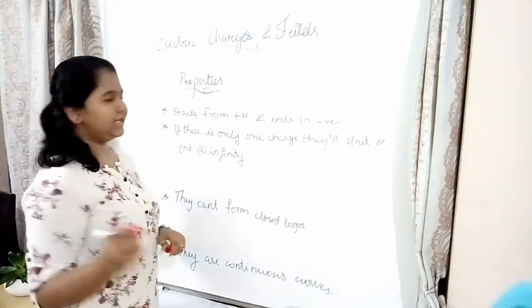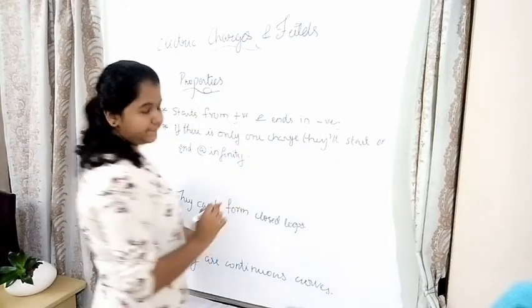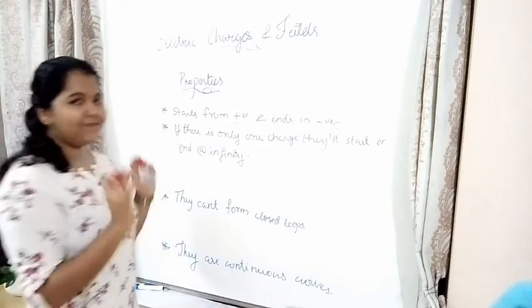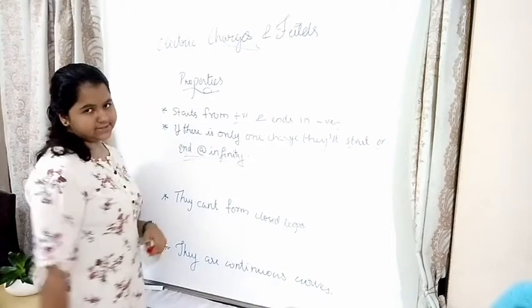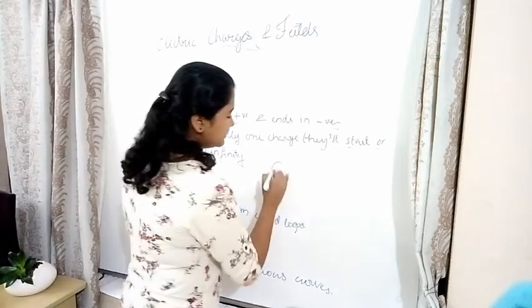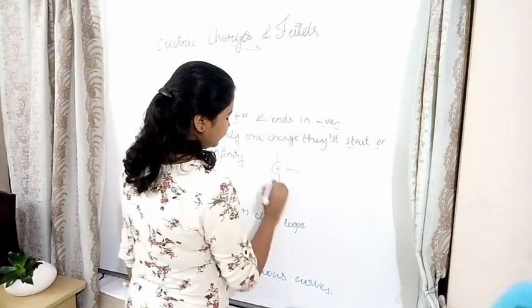The first property is that field lines start from positive and end in the negative. The second point is that if there's only one charge, it will either start or end at infinity. If there's a positive charge, what will happen? Let's draw the lines.